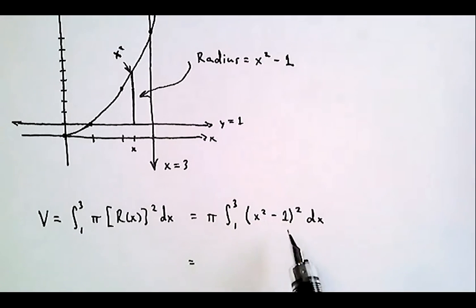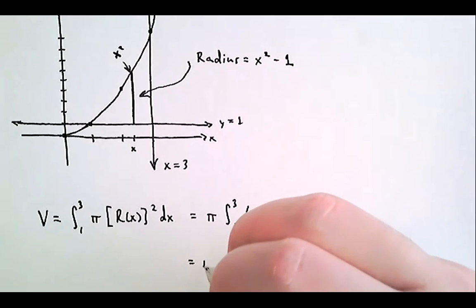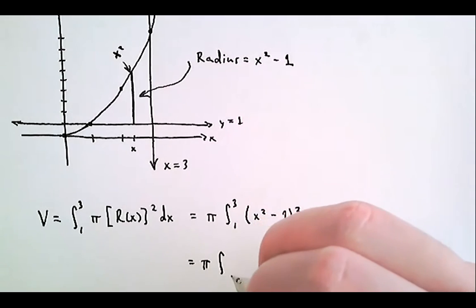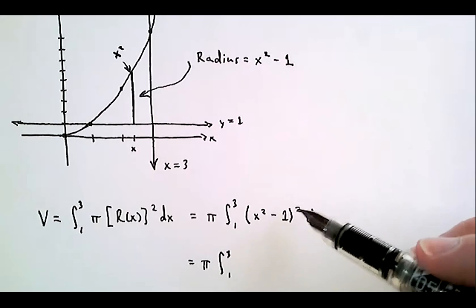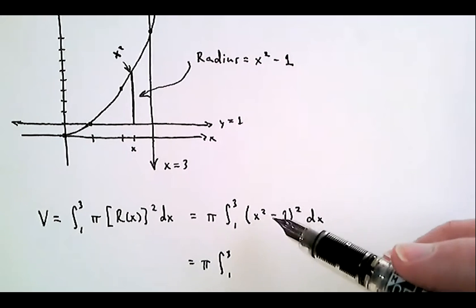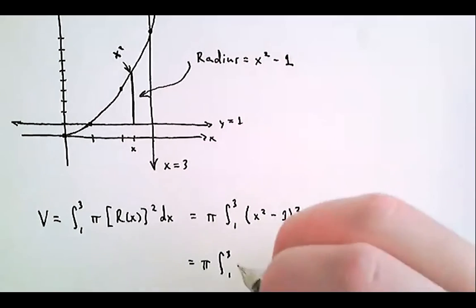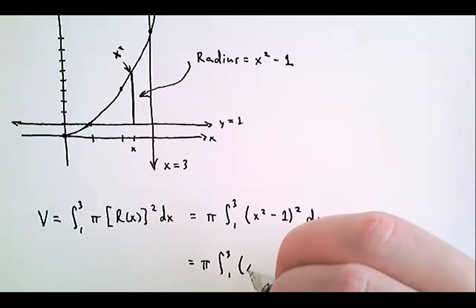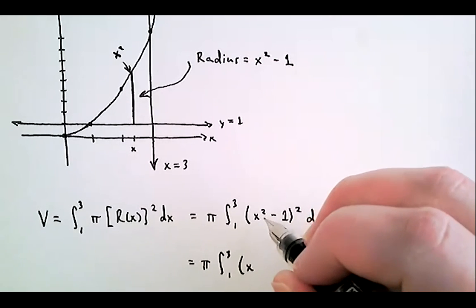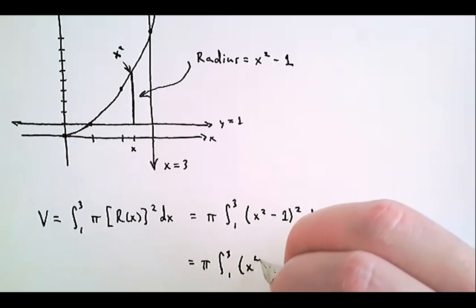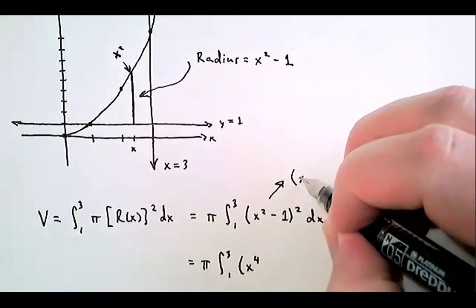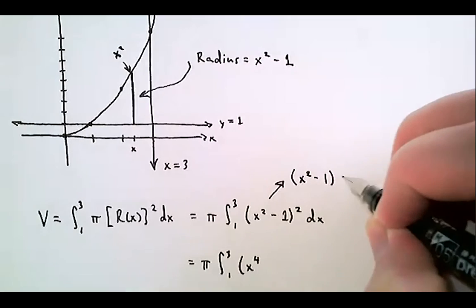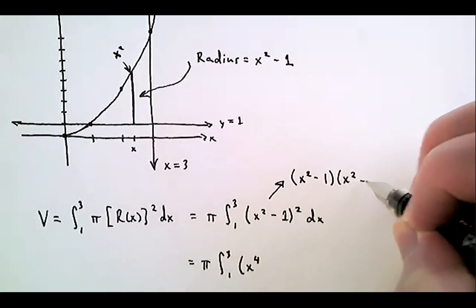Before we can find an antiderivative, though, we need to actually square this out. And this is a good point to remind you to be careful when you're squaring something or raising something to a power like this, because you're going to end up with cross terms. So we'll get x squared times x squared, x to the 4th. Maybe I'll write it up here to illustrate what we're doing.